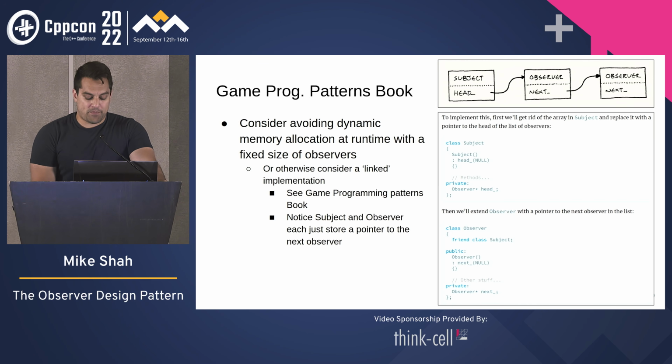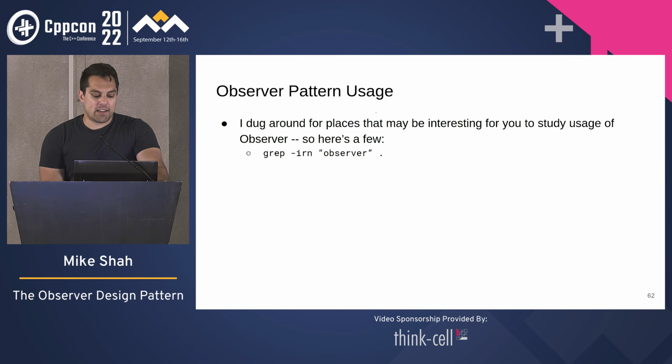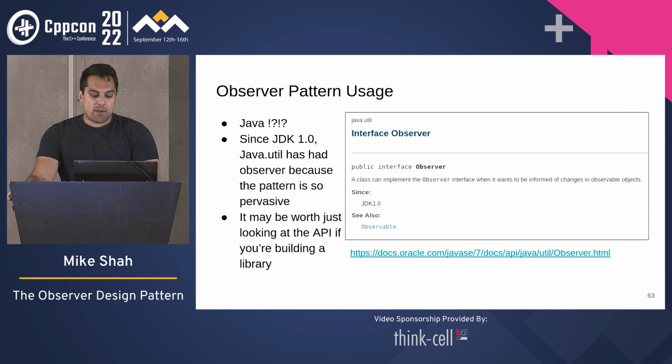The question is about just rewinding back. Let me go back to which one did I have, signals and slots? This one from the Godot engine, and about standardizing some of these patterns because they're tricky to get right. We saw the instance where in the Java utility library they have this. I don't have any insight, nor have I written any papers about proposing this, but I think this could be a good proposal or something to think about.